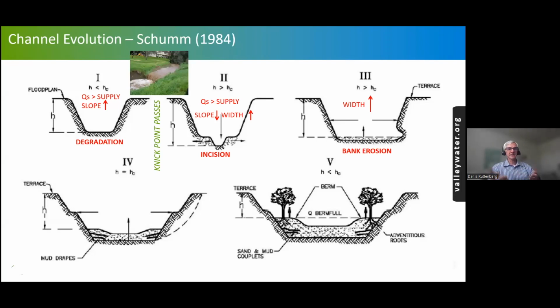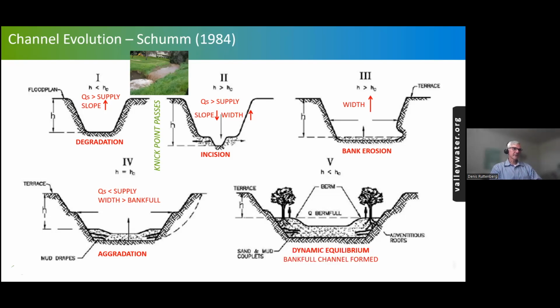It'll finish down cutting and stabilize, and then it's going to get wider. And then when it gets to a point where it's too wide and the sediment transport rate is less than the supply, so there's so much sediment coming in but it's not passing through, the transport rate just doesn't compensate for it, you're going to start seeing aggradation.